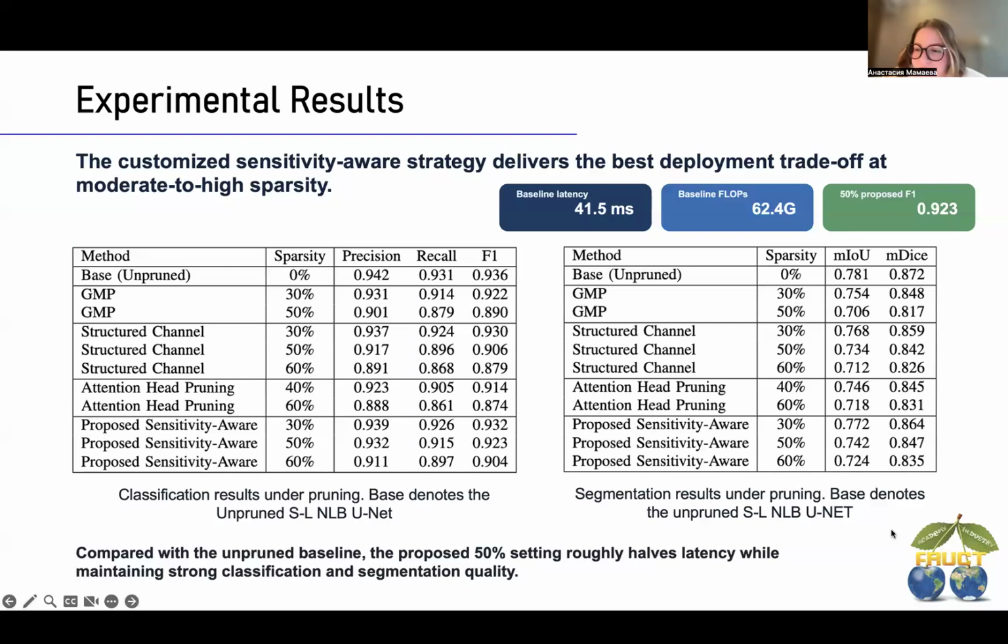It keeps F1 at 0.904 and mIoU at 0.724, while reducing latency further to 19.4 milliseconds and FLOPs to 23.5 gigaFLOPs. So, the key takeaway is that architecture-aware pruning preserves accuracy much better than generic pruning, while also giving strong deployment benefits.